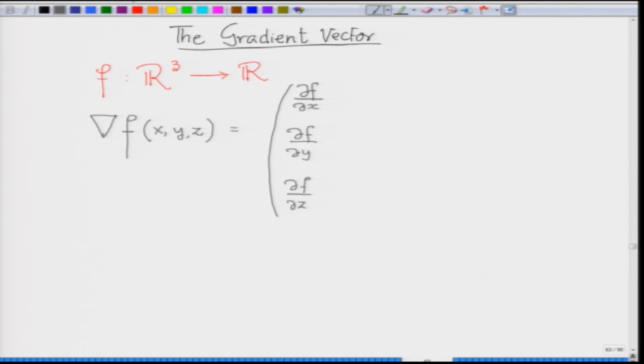So, it is a vector with 3 rows and 1 column, 3 cross 1. So, this is a vector in R3.